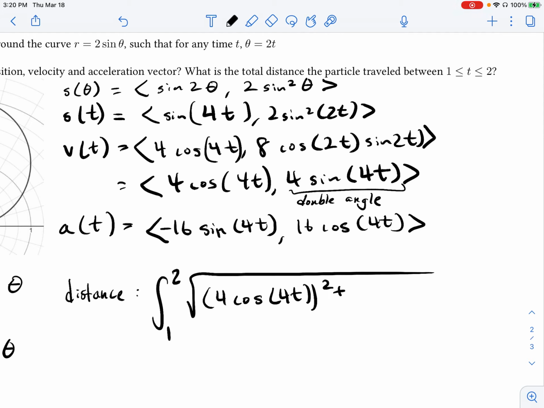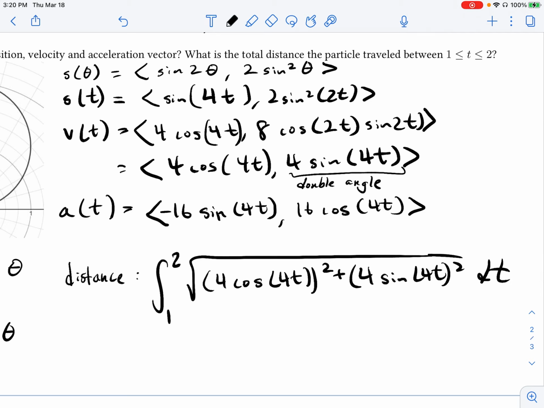So just the magnitude of our velocity. You're applying the distance formula to all that. And you could probably do this mentally. Just think about that for a second. But if you can see what's happening there, hint, you are using a Pythagorean identity. This should come out to 4. And that's the distance of your arc length.